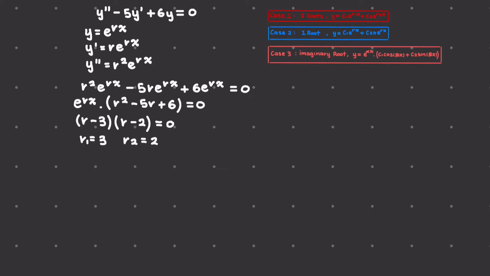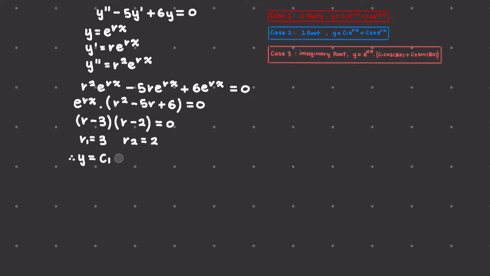And so let's use the general solution as our final solution for case number 1, which is y equals c1. C1 is just C1, let it be, because C1 is just another word for constant number 1.